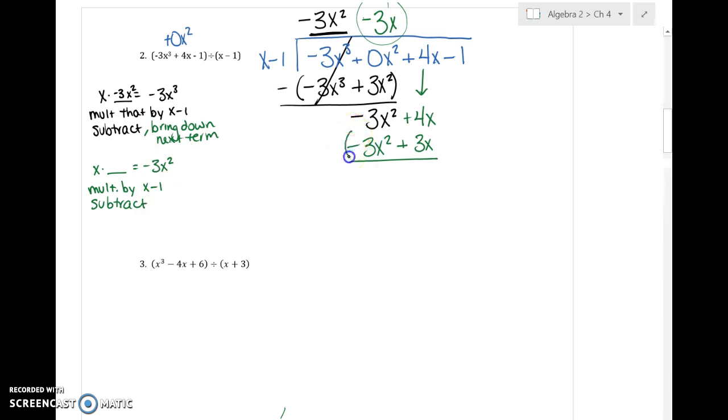Subtract. That first term should go away. What is 4x minus 3x? 1x. You don't have to put the plus, you don't even have to put the 1, but I find it helpful. Then your next step is to bring down that negative 1.